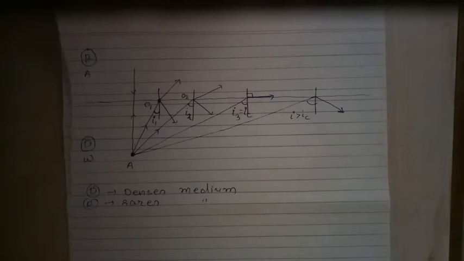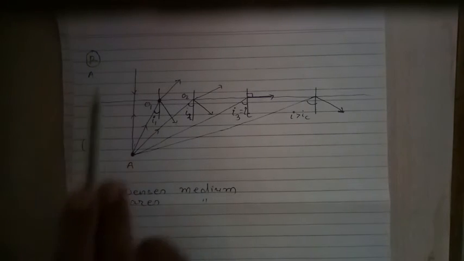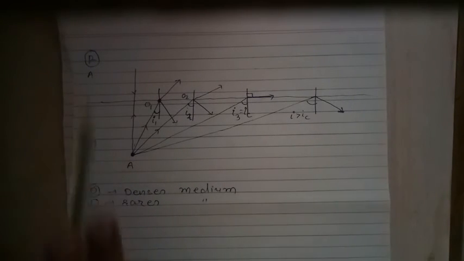This is known as internal reflection. We also know that when a ray of light enters from a denser medium to a rarer medium, it bends away from the normal. Now see here, this is a denser medium of water, and this is a rarer medium of air, right?